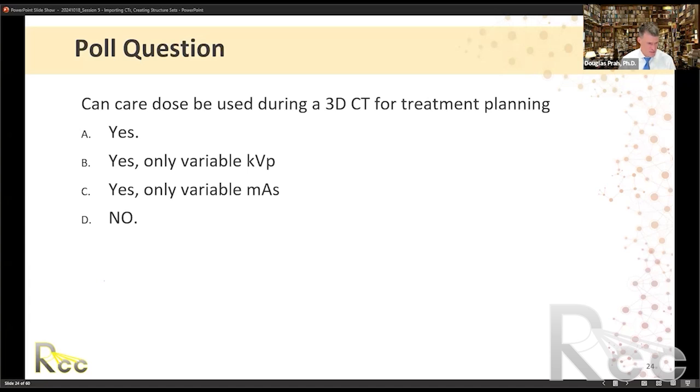When I'm looking at the answers here, we do not want to change the tube voltage. So yes, but we wouldn't want to change both the tube voltage and the tube current. What we can do is change the tube current, but we don't want to change the tube voltage.